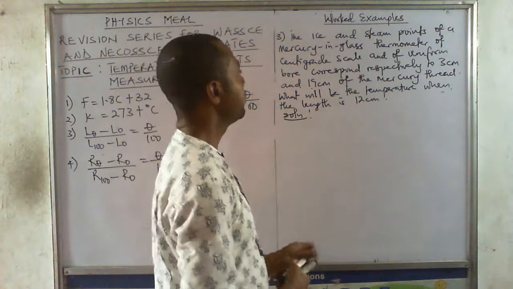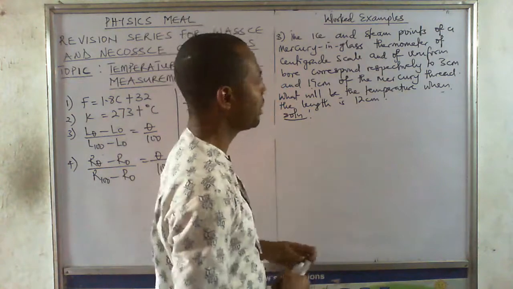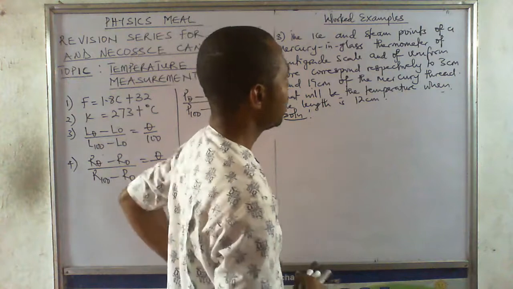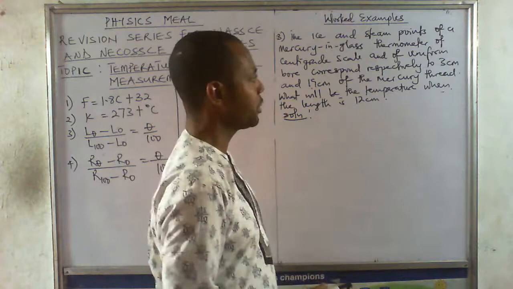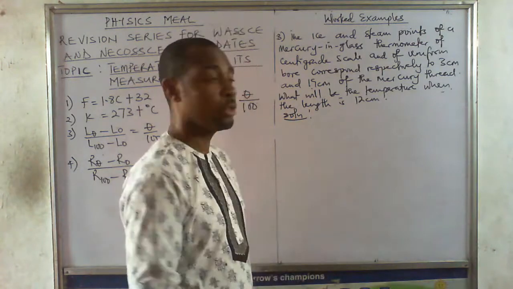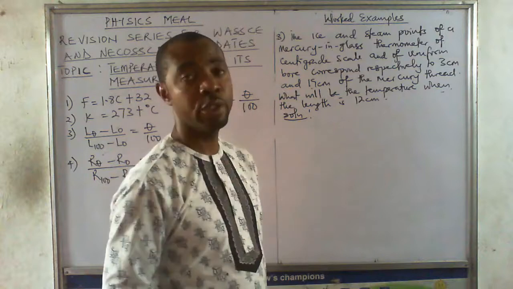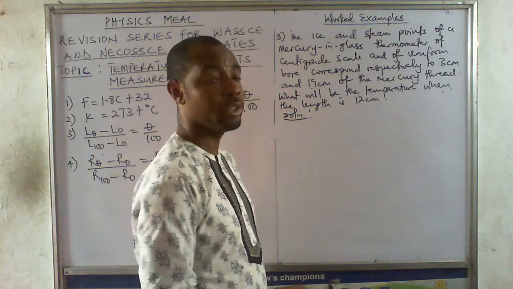Now, the ice and steam points of a mercury in glass thermometer of centigrade scale and of uniform bore correspond, respectively, to 3 cm and 19 cm of the mercury thread. But you need to also respect yourself. And the best way to respect yourself is to study your book. Because if you fail to study your book, you move into the exam hall, people will begin to insult you.